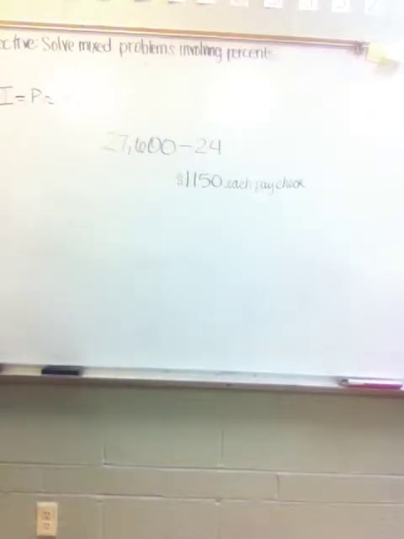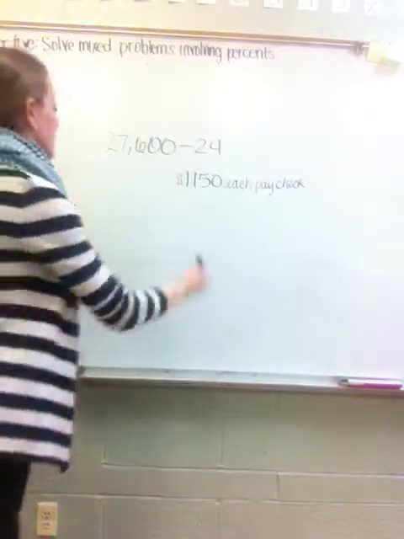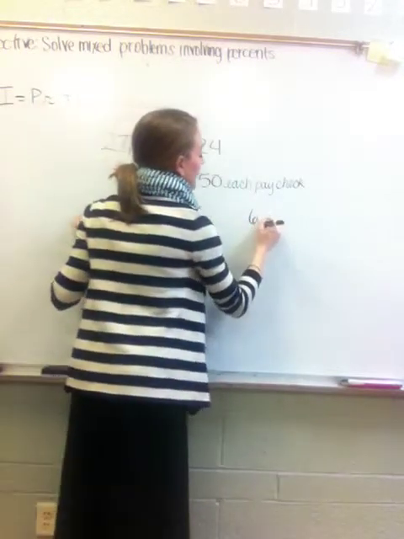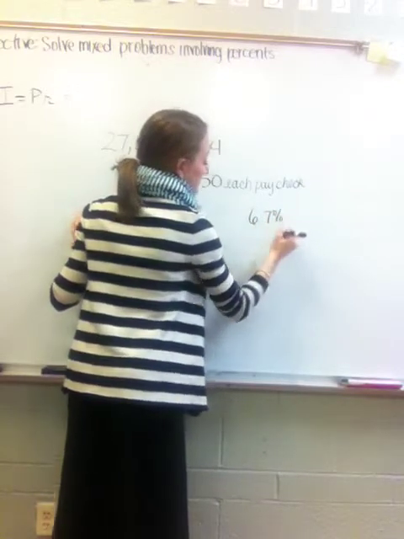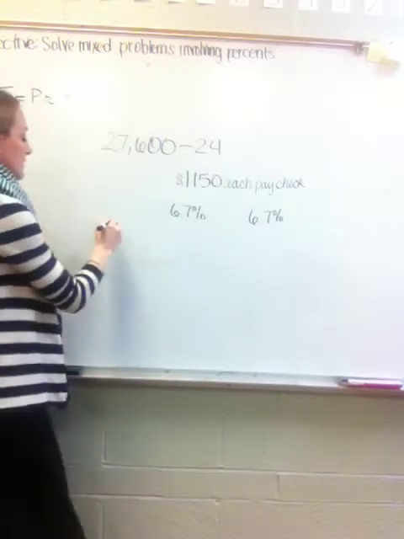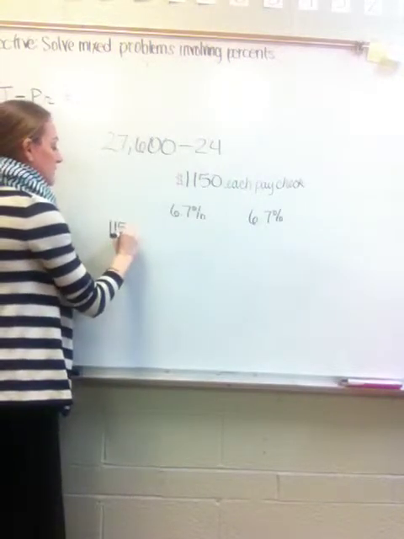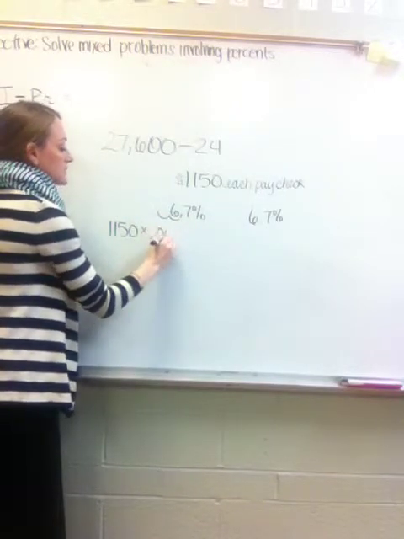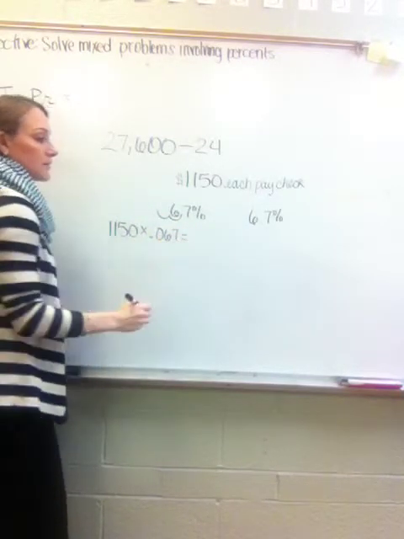So, her Social Security paid on each payment. She pays 6.7%, and her employer pays 6.7%. Does that make sense? So, we're going to go ahead and multiply 1150 times 0.067.